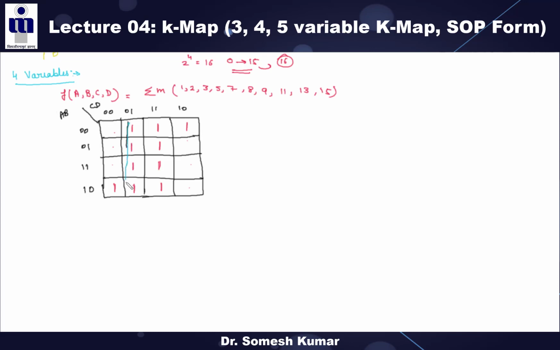What is the output from this octet? Which one is the common term? Only this one is common. So this represents that. Octet is okay, fine. Now tell me, is a quad possible or not?